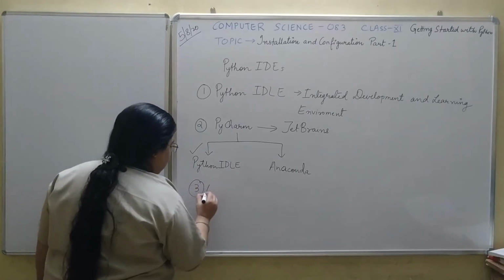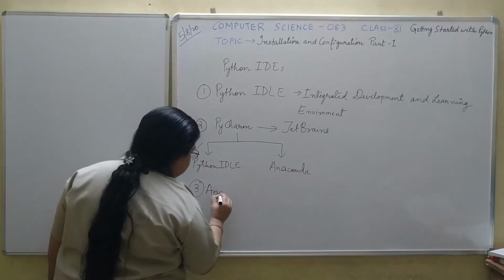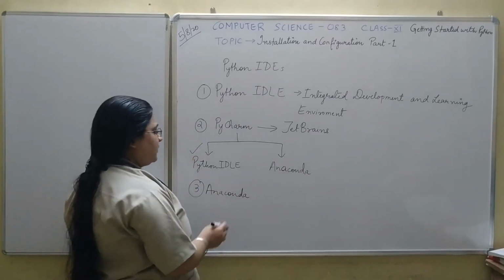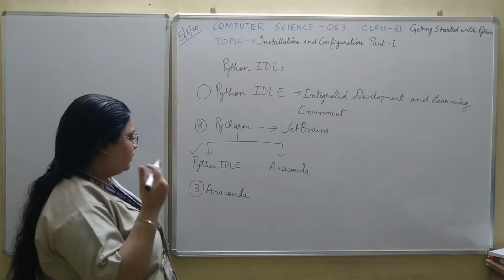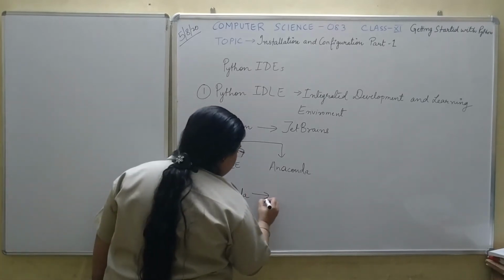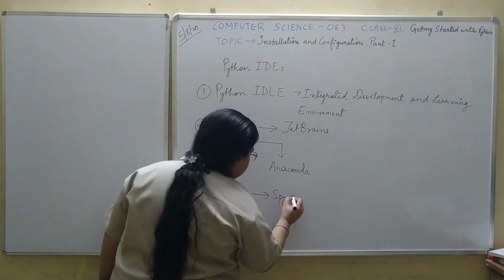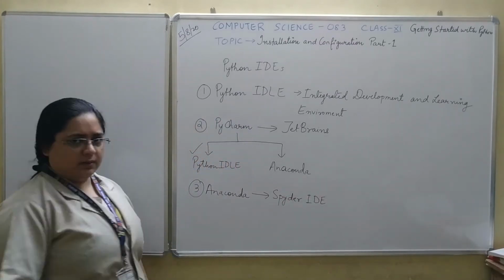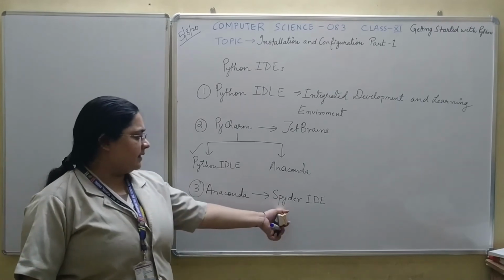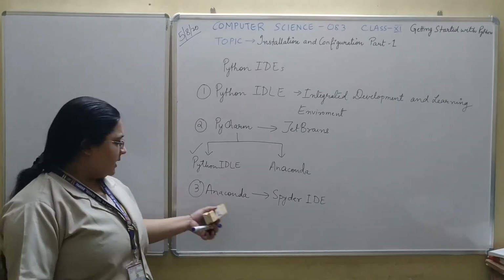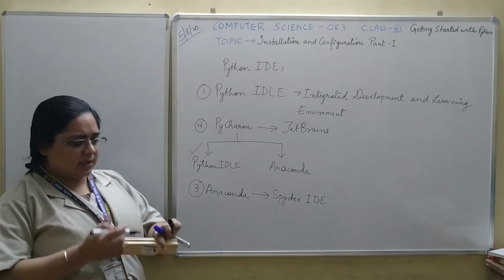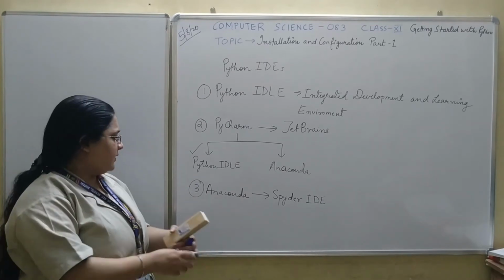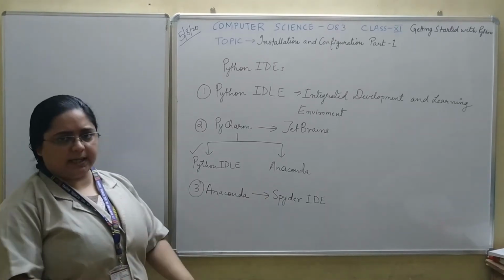The third one is the Anaconda distribution, which is a complete package. It comes with all the different libraries you need for creating a Python program, and within this we are going to work on the Spyder IDE, which is basically for development of Python programs. Anaconda distribution is a package which contains IDEs for different languages, out of which we are only going to work on Spyder IDE.